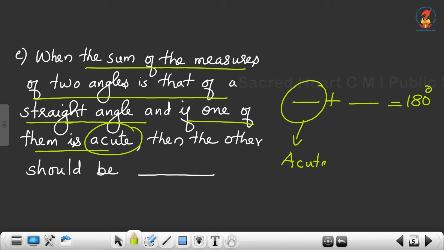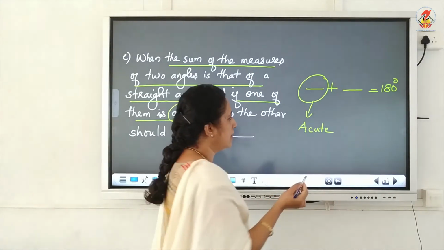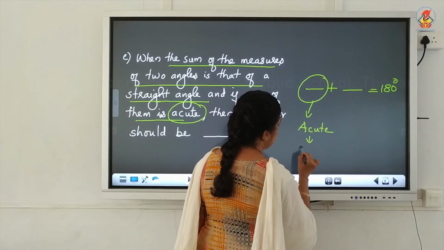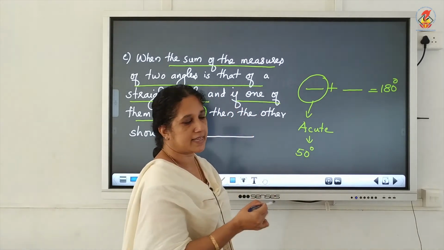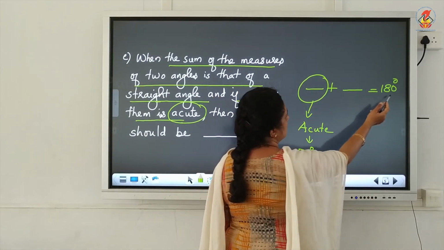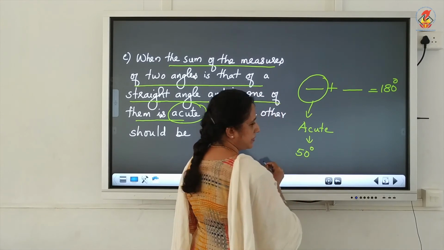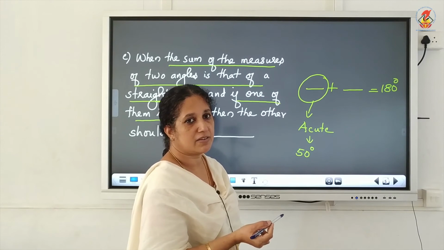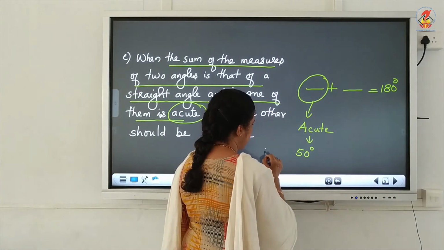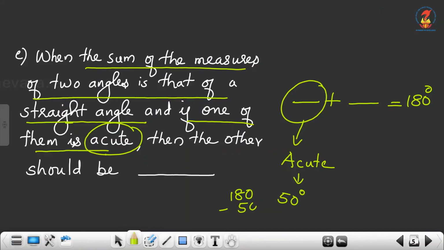The measure of one angle is acute. Suppose you can take any measure. For example, suppose we are taking the measure as 50 degree. Then what about the other angle? The sum of the two angles is equal to 180 degree. One angle is 50 degree. The other angle is 180 minus 50. What is the measure you will get? 130. Suppose you are getting the other angle as 130 degree.